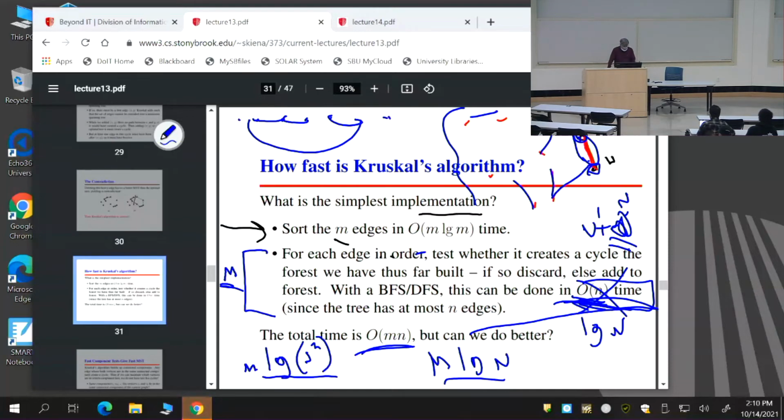You pull the exponent out, that thing is going to be equal to m times 2 times log n. Right? So the truth is both of these are going to be m log n, if we can find a logarithmic time way of finding whether or not there's a cycle created. Okay? Any questions about that?